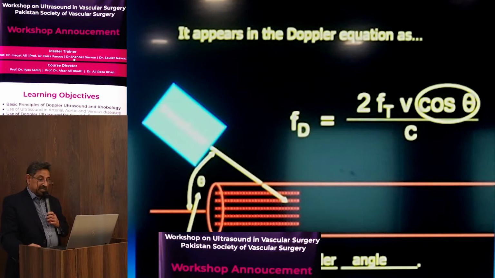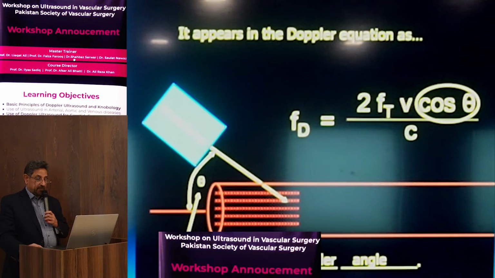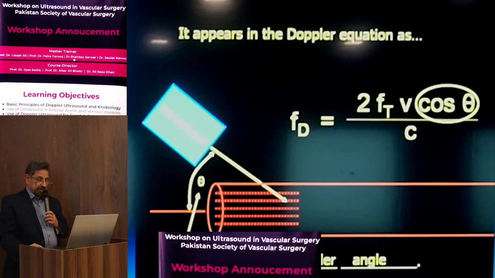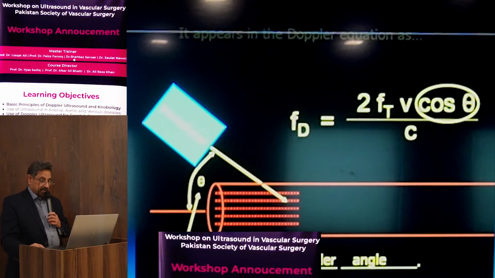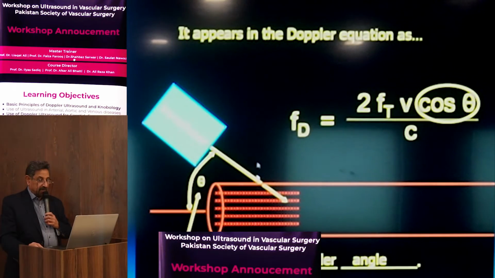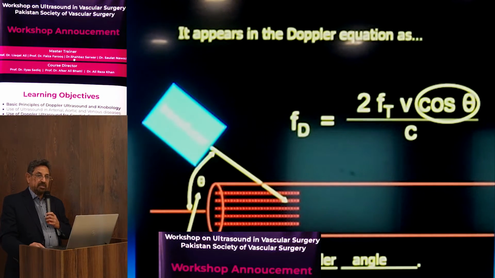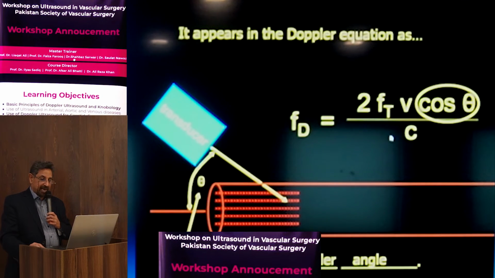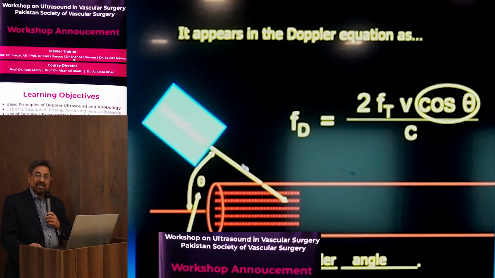So this picture tells you that if you place your probe in this manner, you will get nothing because it is 0. You have to make an angle with the vessel; we will discuss that in image optimization in the forthcoming slides.